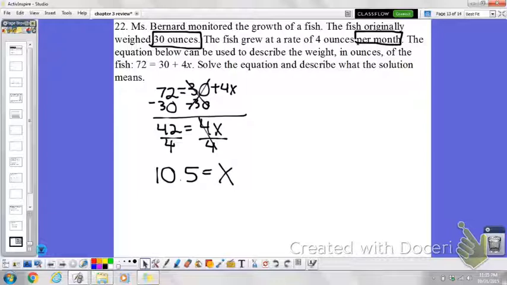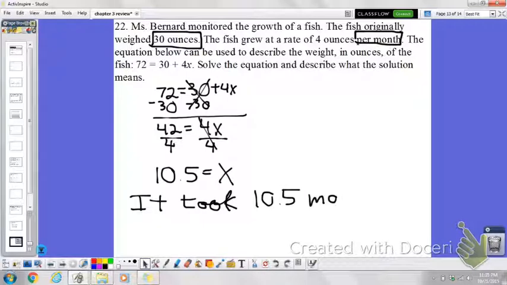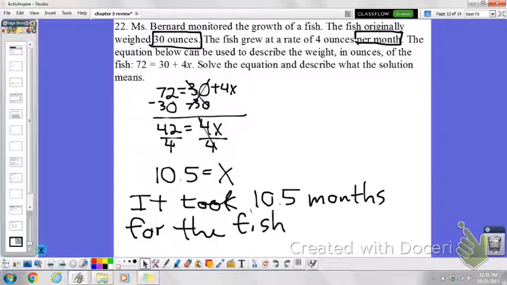We know that it took 10.5 months for the fish to weigh 72 ounces.